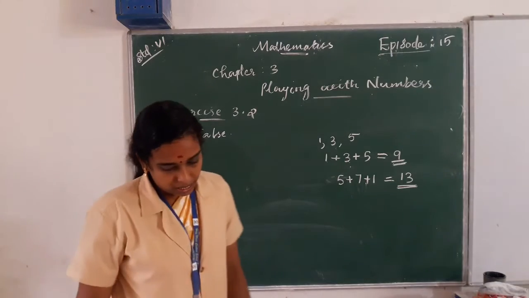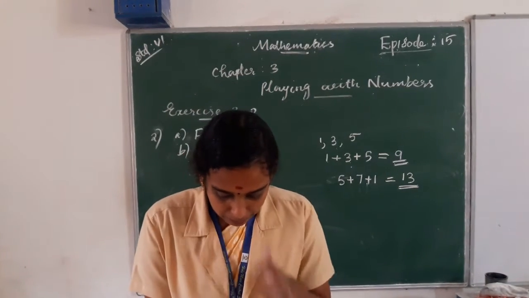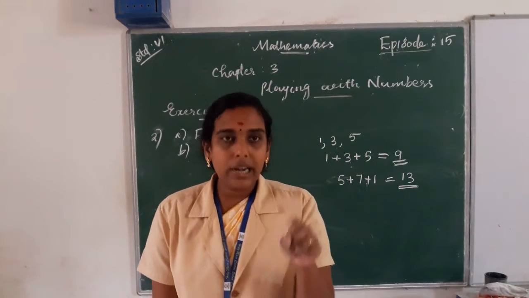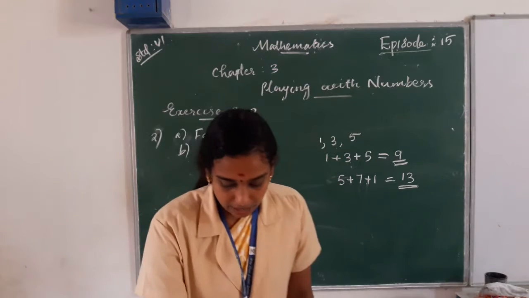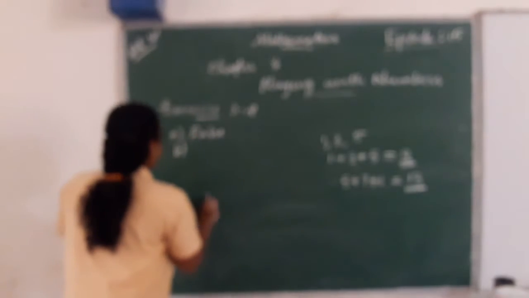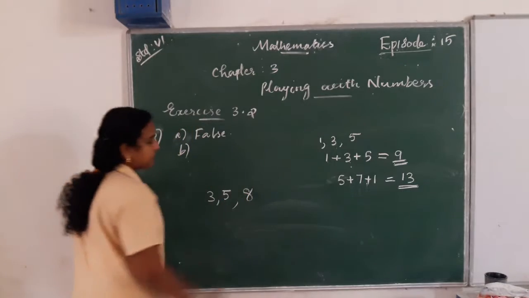And statement B: the sum of two odd numbers and one even number is even. Let us see. Two odd numbers are 3 and 5, and take one even number, that is 8.